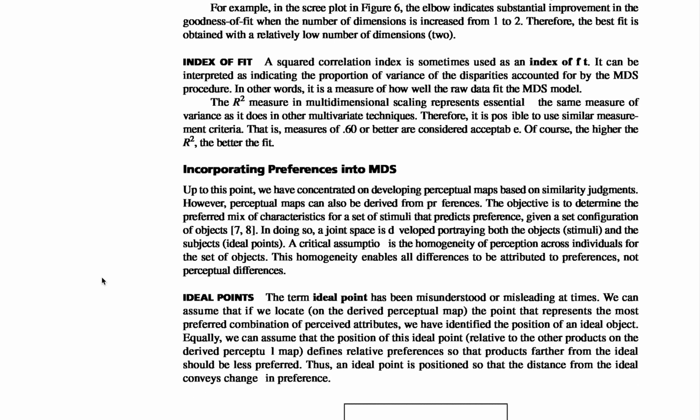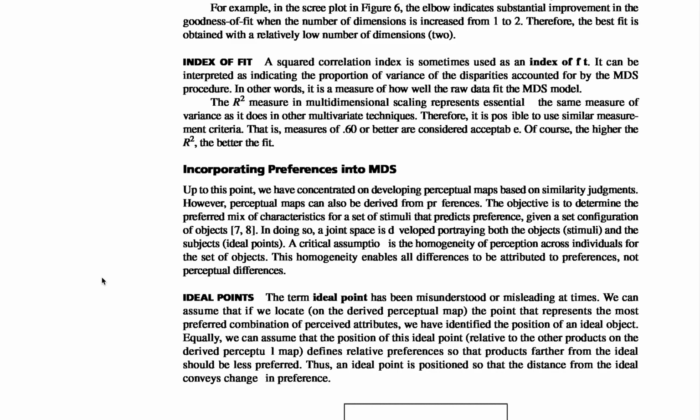Index of fit: a squared correlation index is sometimes used as an index of fit. It can be interpreted as indicating the proportion of variance of the disparities accounted for by the MDS procedure. In other words, it measures how well the raw data fit the multidimensional model.